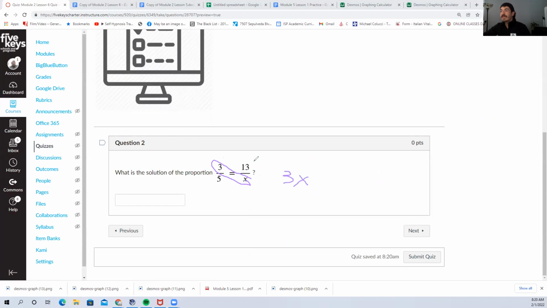And by using this method, we pull it up into a numerator. So 3x is going to go on my left. 5 times 13 is going to go on my right. 5 times 13 is 65. X is equal to 65/3.